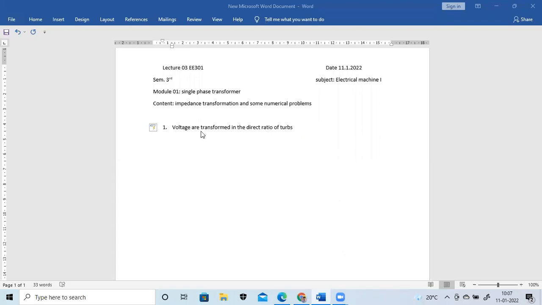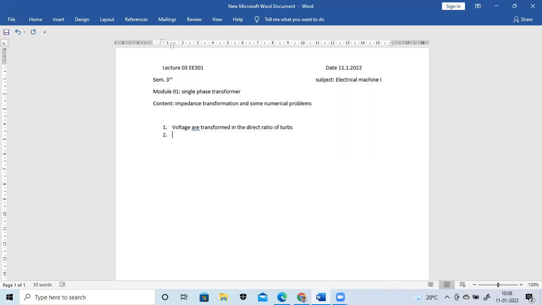So that's why I have written here that voltages are transferred in the direct ratio. That means N1 by N2 into V2 equals V2 dash. Either you may write it here in the mathematical equation or in a statement.